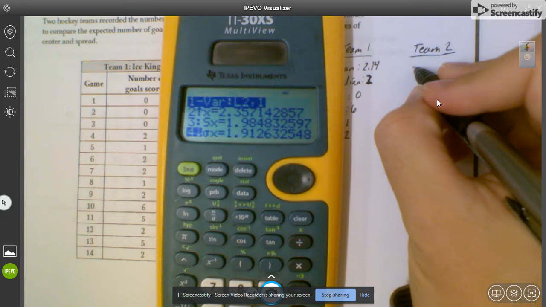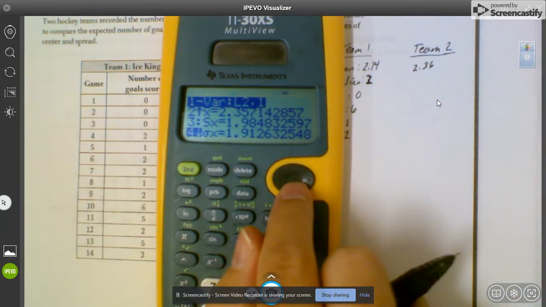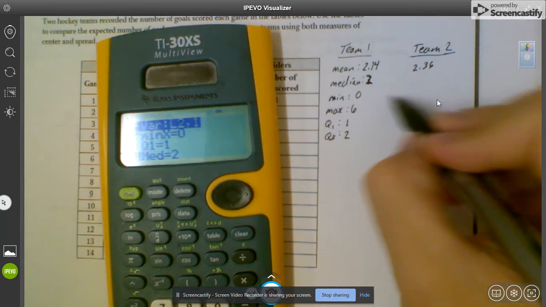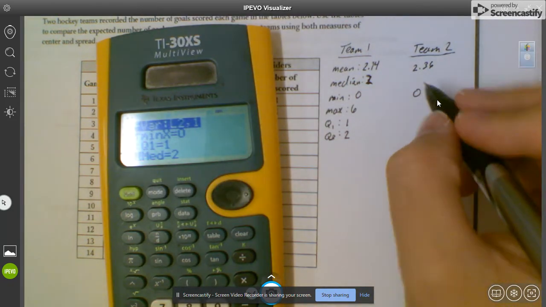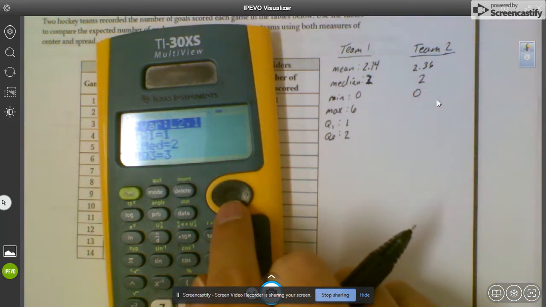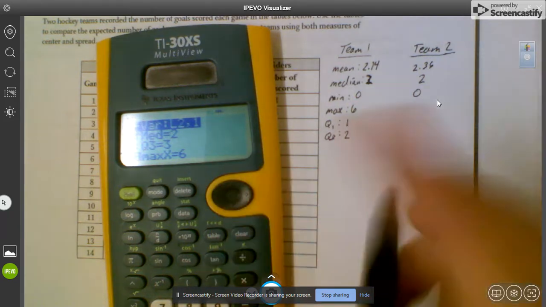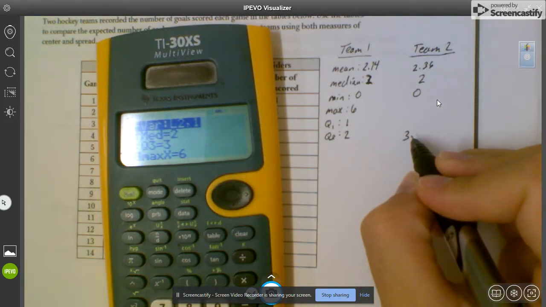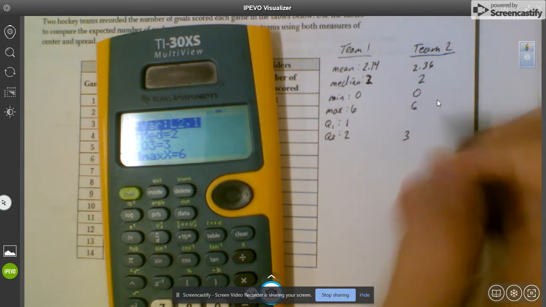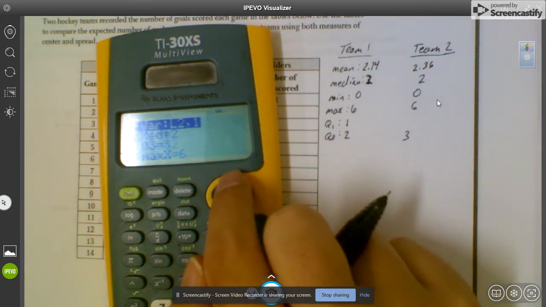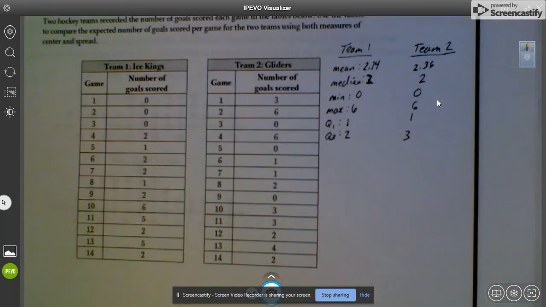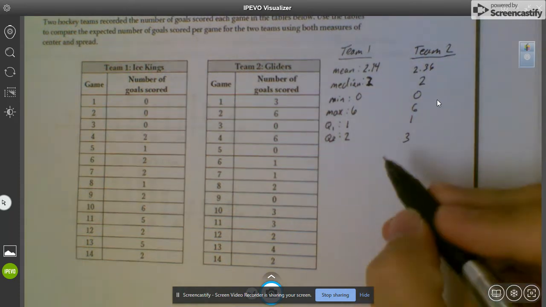So 2.36, min is still 0, median is 2, Q3 is 3, my max is 6. And my Q1, which I think was 1, wasn't it? Yes. So what you should notice is pretty similar scores here.